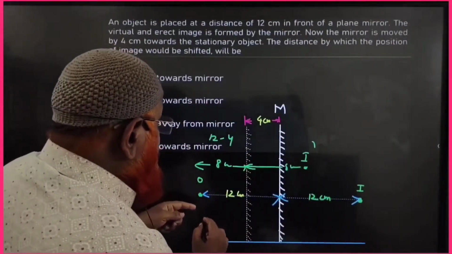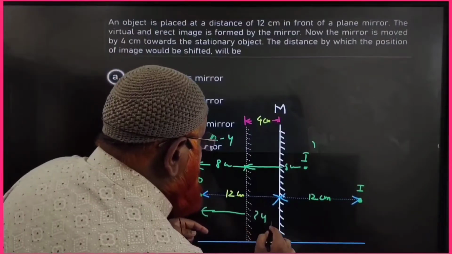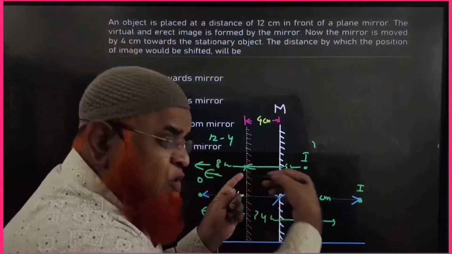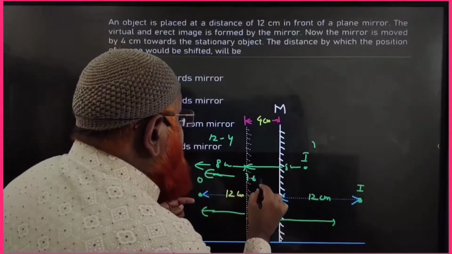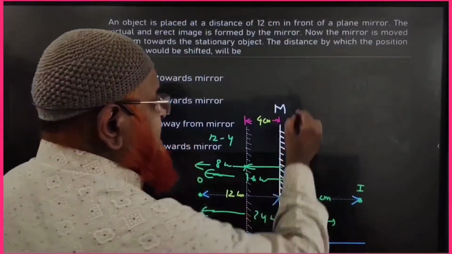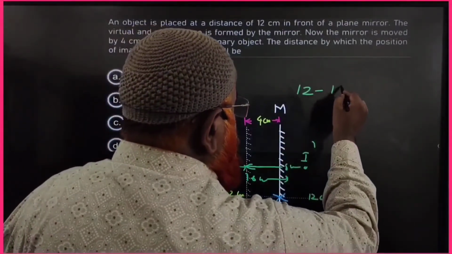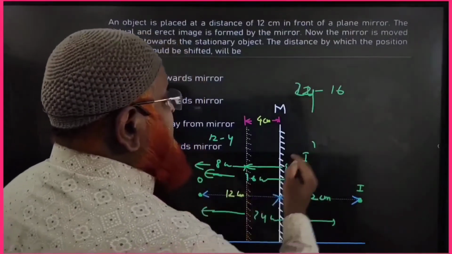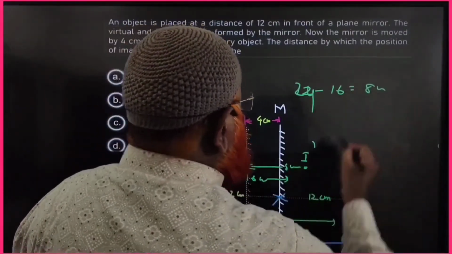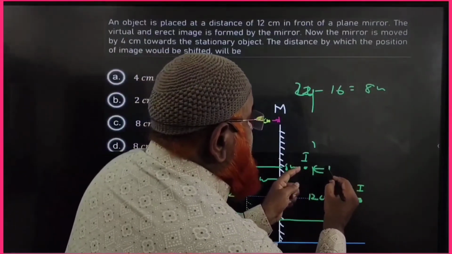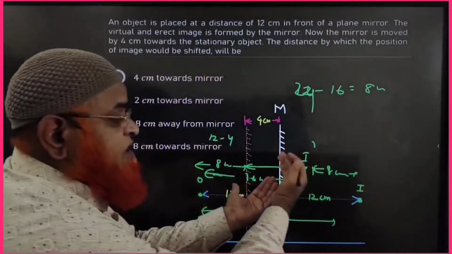The total distance was 24 centimeters. Now the new distance between the object and the new image is going to be 16 centimeters. That means 24 minus 16 gives you 8 centimeters. That means the image is also shifted 8 centimeters, from here to here.